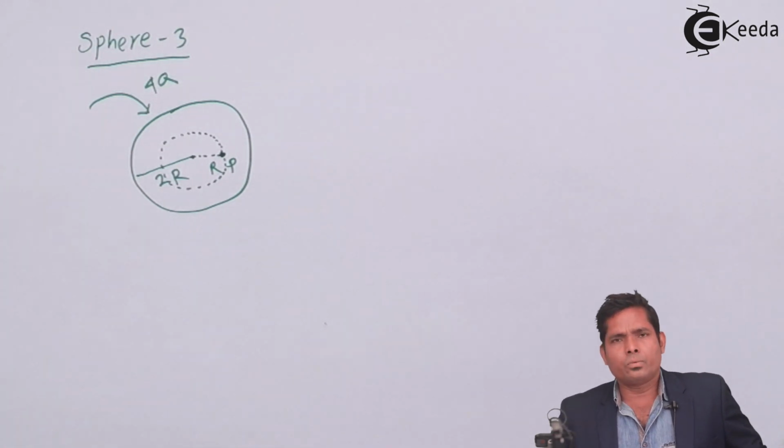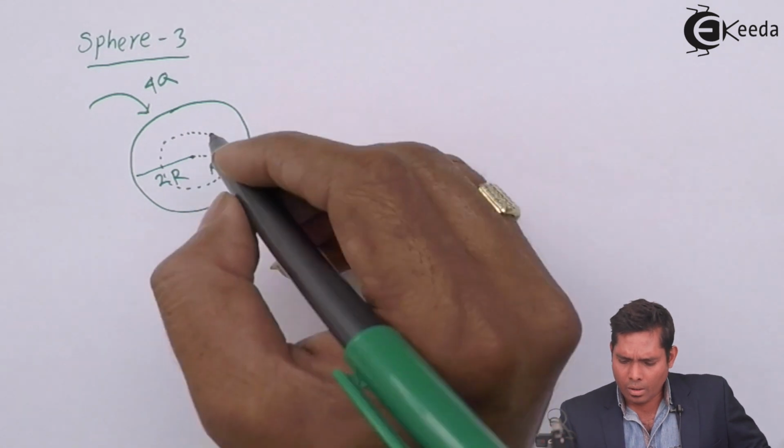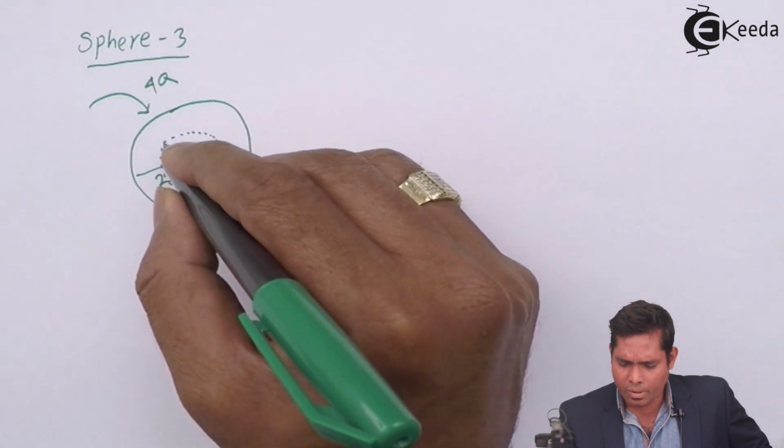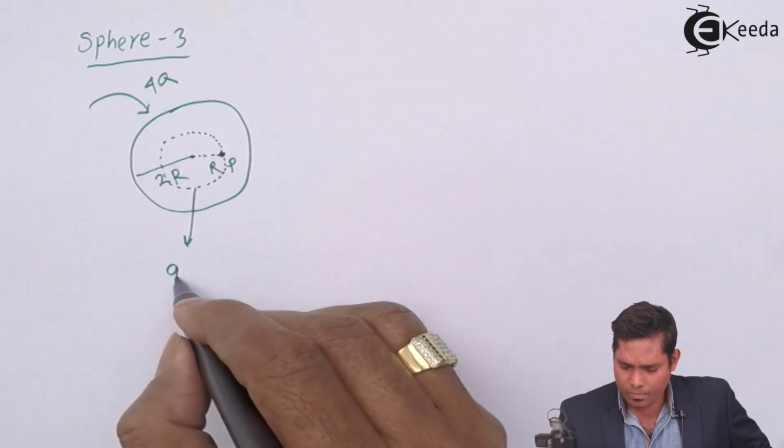Now, for a point within a sphere, this is the Gaussian surface that we have considered.